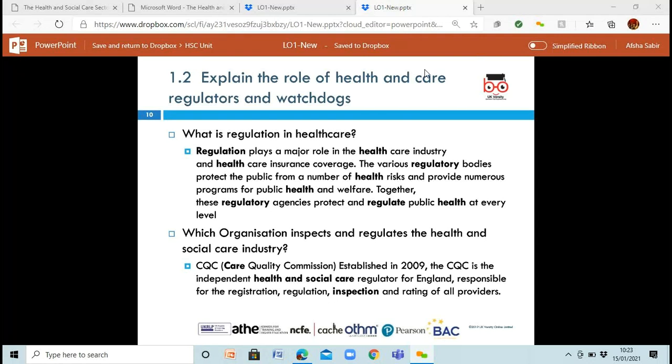Thank you, Charity. Regulation is just making sure that you're following a certain set of rules, whether it's in any type of profession. You could be working as a salesperson on a shop floor, you could be in the teaching and education sector like myself, you could be in healthcare. You've got to make sure that you're following a certain set of rules so that you're working towards the right levels and following the guidance that has been given to you.